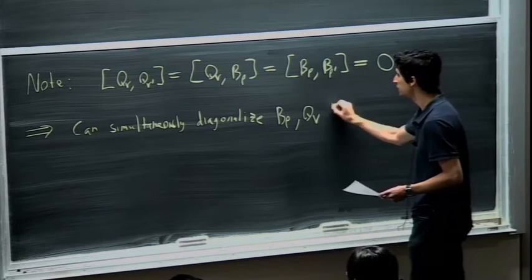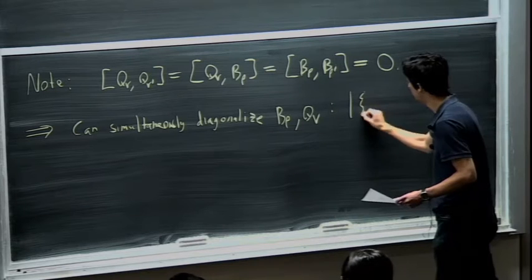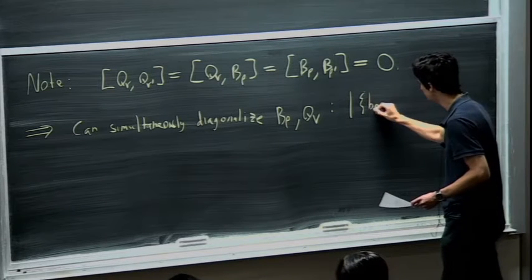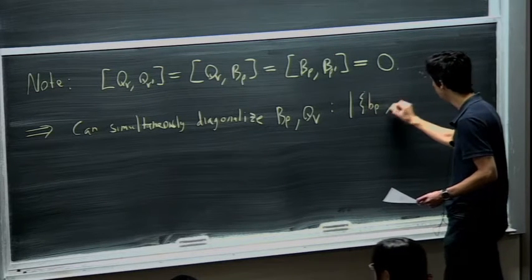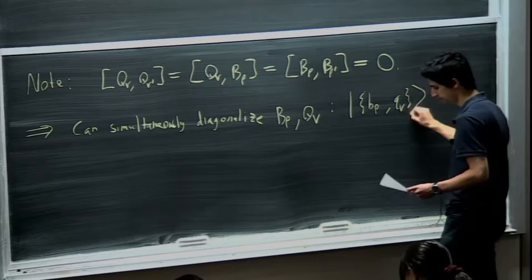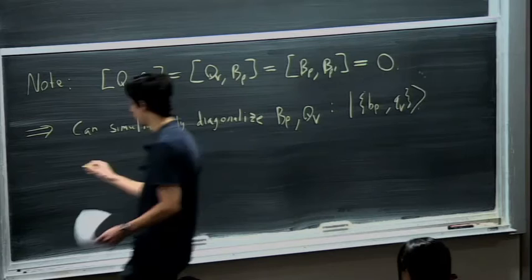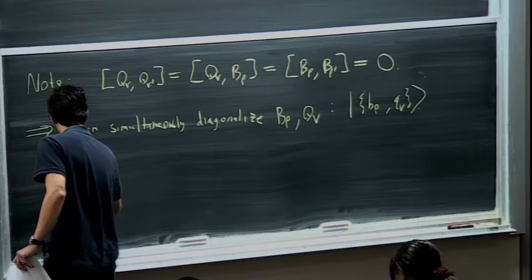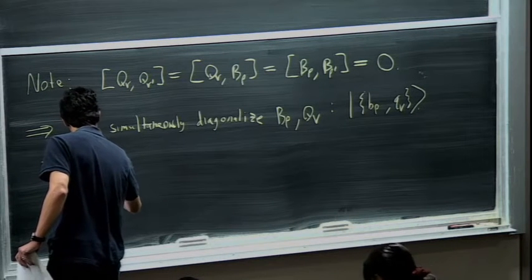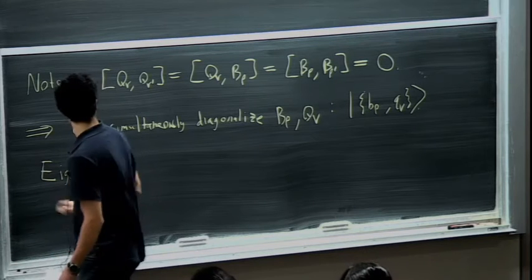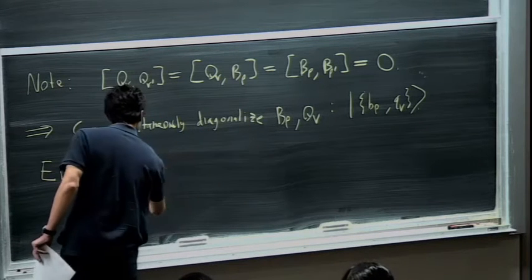And I'm going to denote these simultaneous eigenstates by their eigenvalues in the usual notation. So little bp and little qv. Okay? And of course, these eigenvalues are very simple. Well, the eigenvalues take two values, plus and minus 1.